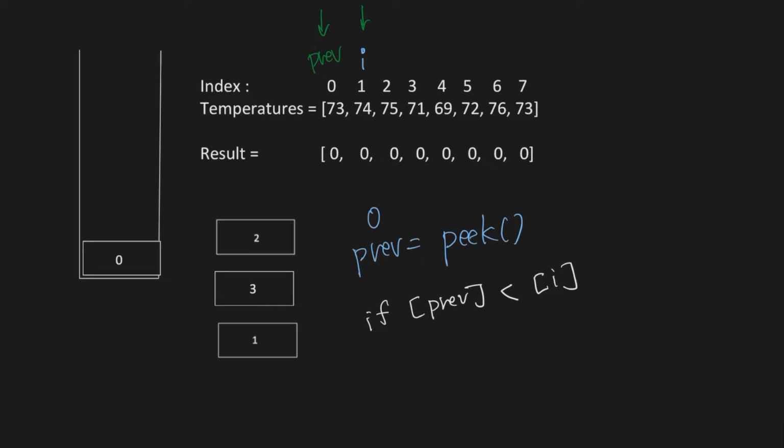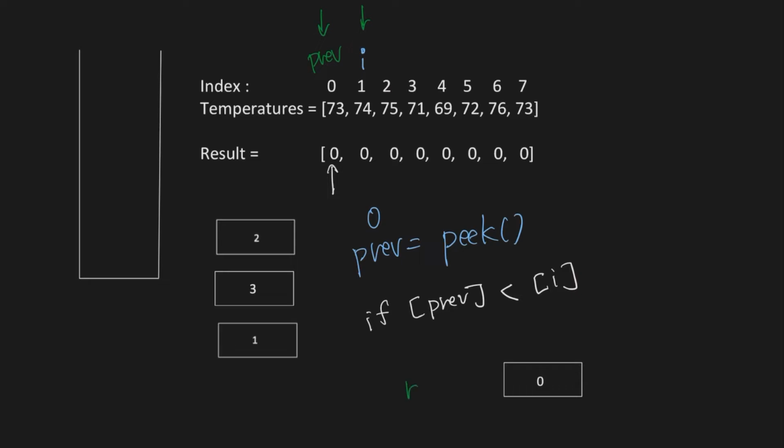So we can update the result array in the previous index. And we want to know how many days it takes. So in that case, we can just pop from the stack, and that will be the previous index that we want to update.